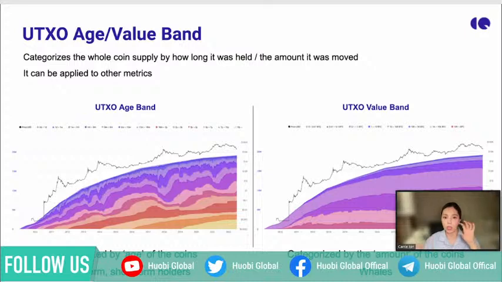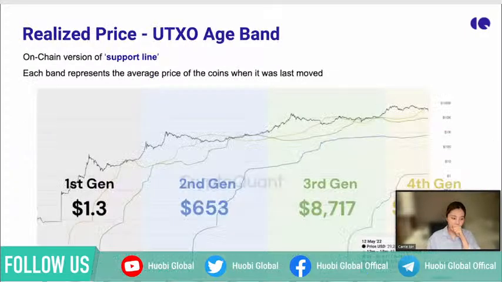And these concepts can be applied to other metrics. From UTXO age bands, we can divide the wallets into long-term holders and short-term holders. And for value band, we can detect whale movements. From now on, I'm going to show you the metrics that these two concepts were applied to. So the first example is a metric chart called realized price.